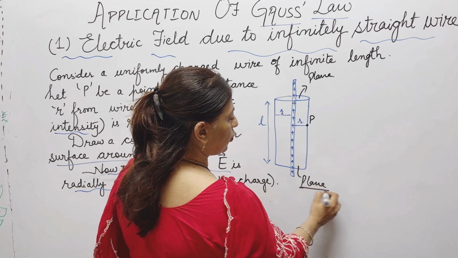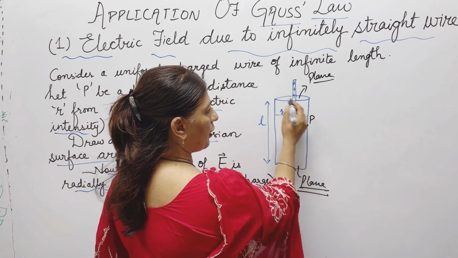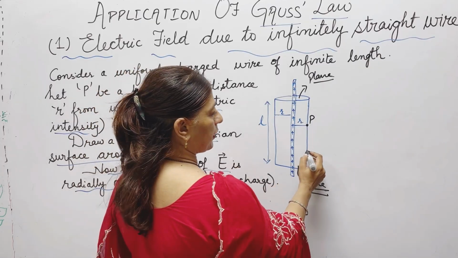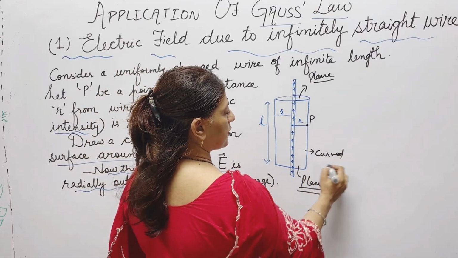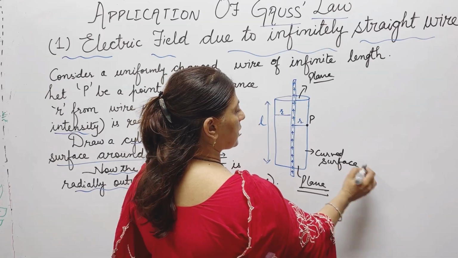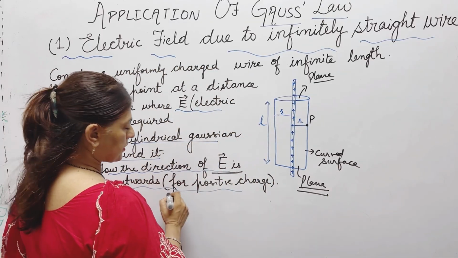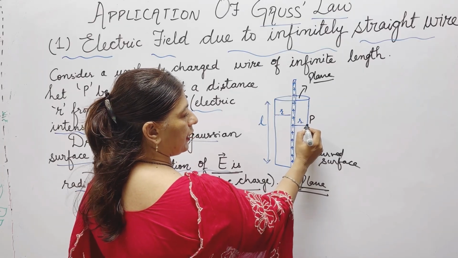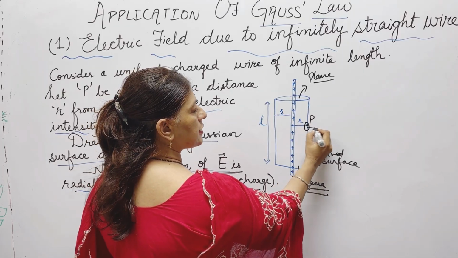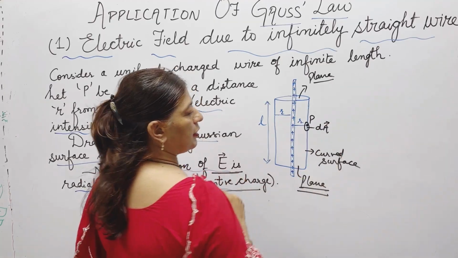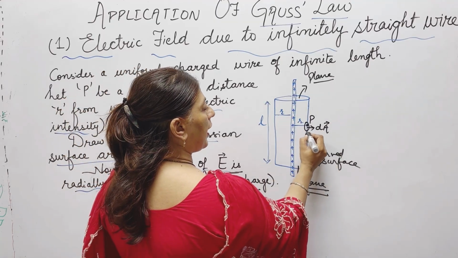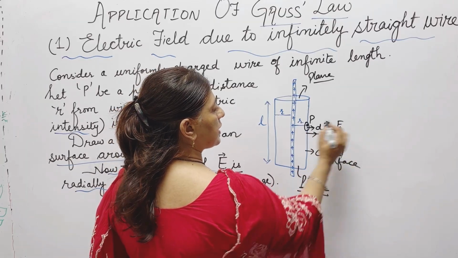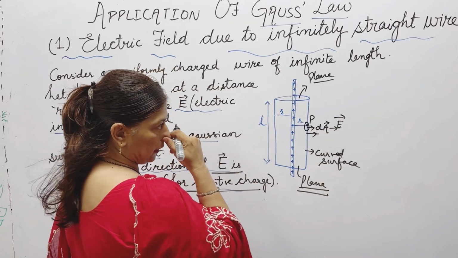So there are two plane surfaces, and around it is the curved surface at which we have considered the point P. Since the electric field is radially outward, if we consider point P here and a small area element dA, then dA and the electric field are pointing in the same direction because they are radially outward.